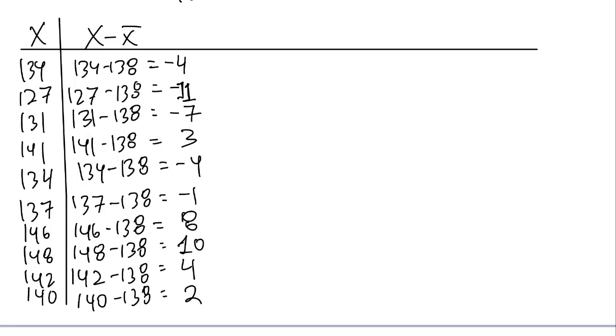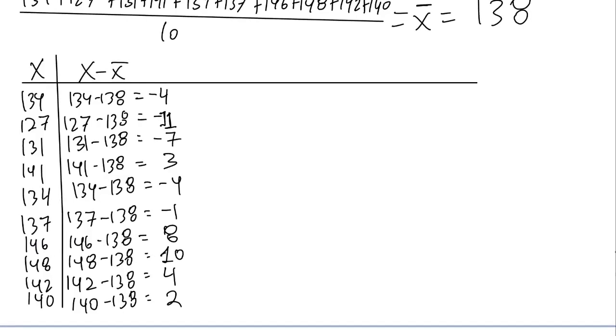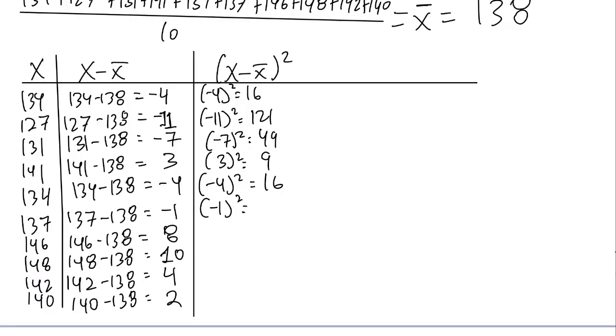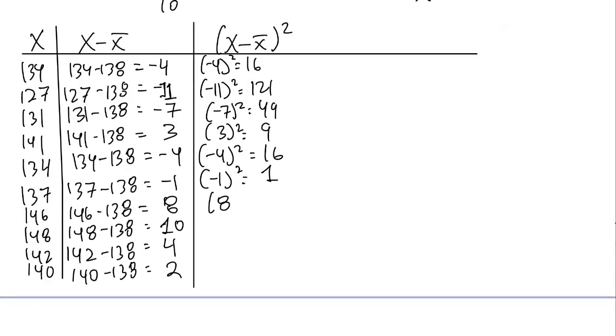Okay, so now the next part is to square it. So we're gonna take those numbers and we're gonna square them. So -4 squared is 16. -11 squared is 121. -7 squared is 49. 3 squared is 9. -4 squared is 16. -1 squared is +1. 8 squared is 64. 10 squared is 100. 4 squared is 16. 2 squared is 4.